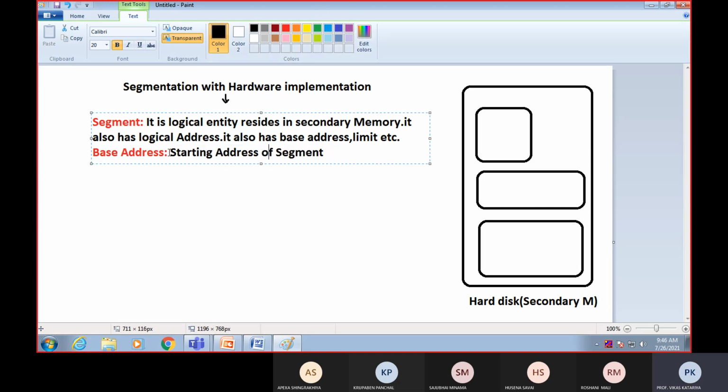So it just indicates where the segment starts from. And remember, it is the address of primary memory. So this is the base address, and limit means the total number of bytes it can contain.